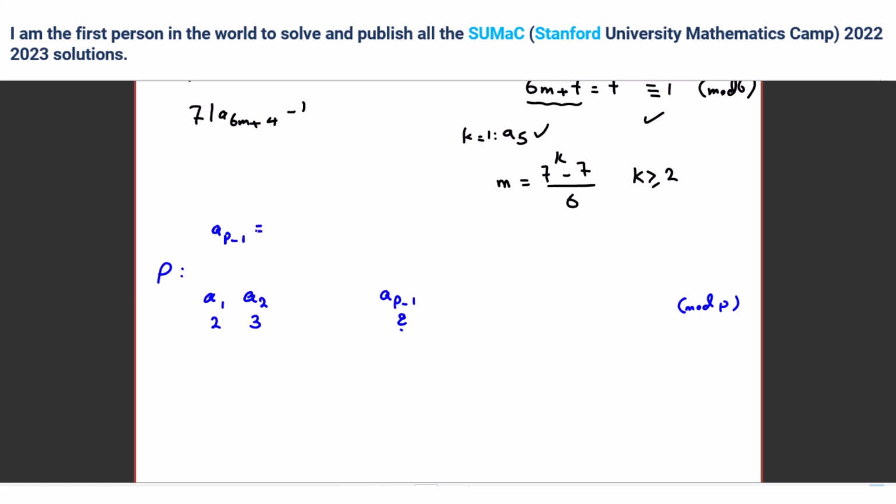A p minus 1 is equal to A p minus 2 minus, to the power of, yeah. The power of what? p minus 1. Mm-hmm. Minus 1. Yes. And it is equal to what mod p?